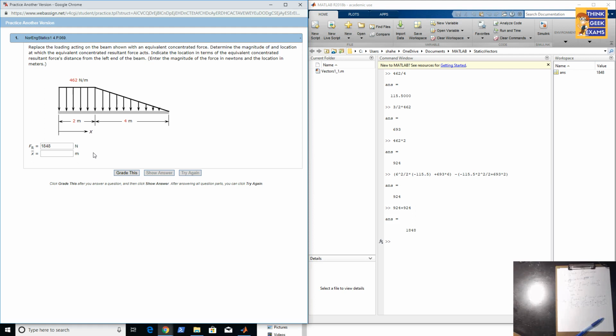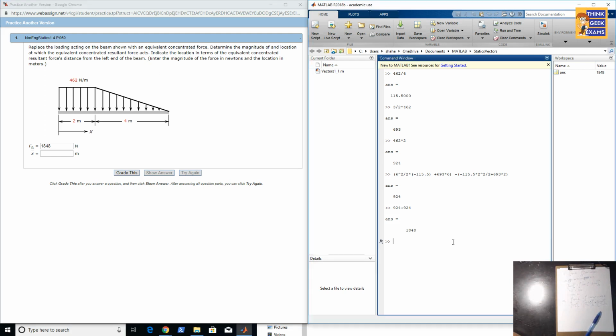So the first one's easy. It's 0 over here, so we just need to do the 2 part. 2 squared over 2 is 2, so 462 times 2 plus. Now the next one's tricky. There is the positive part and then the negative part.